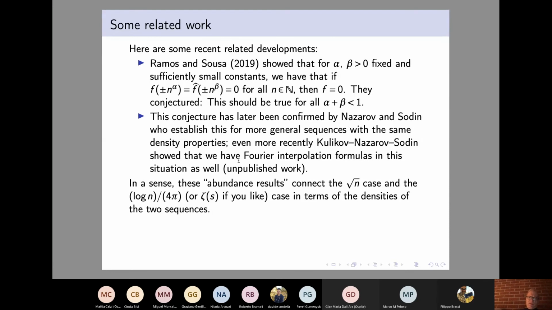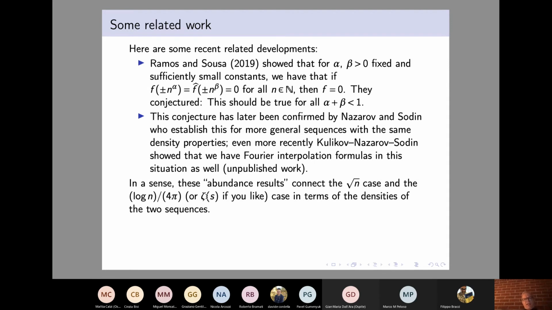What happens in the work by Nazarov-Sodin and Kulikov-Nazarov-Sodin is in some sense to connect the two cases I have spoken about, square root n, which is Radchenko-Viazovska, and the zeta of s case, which is our result.